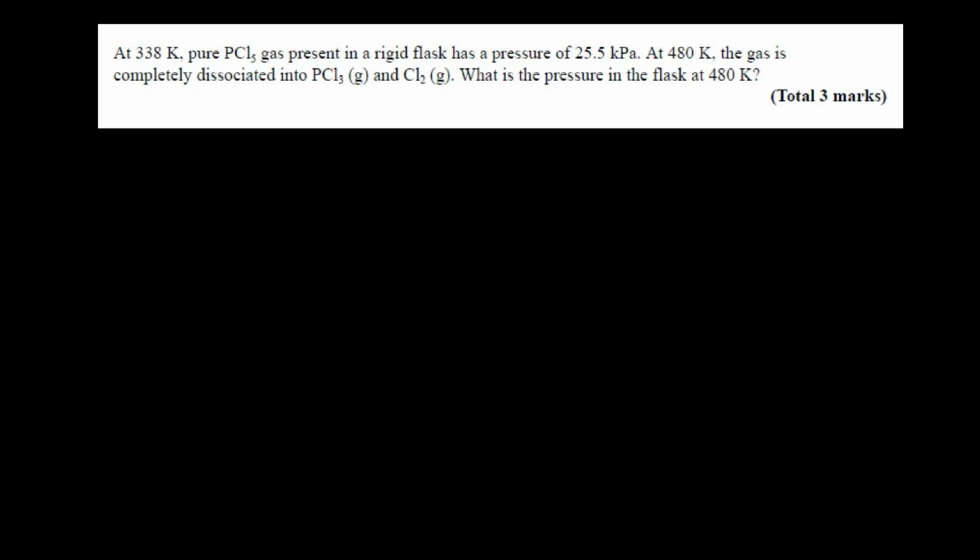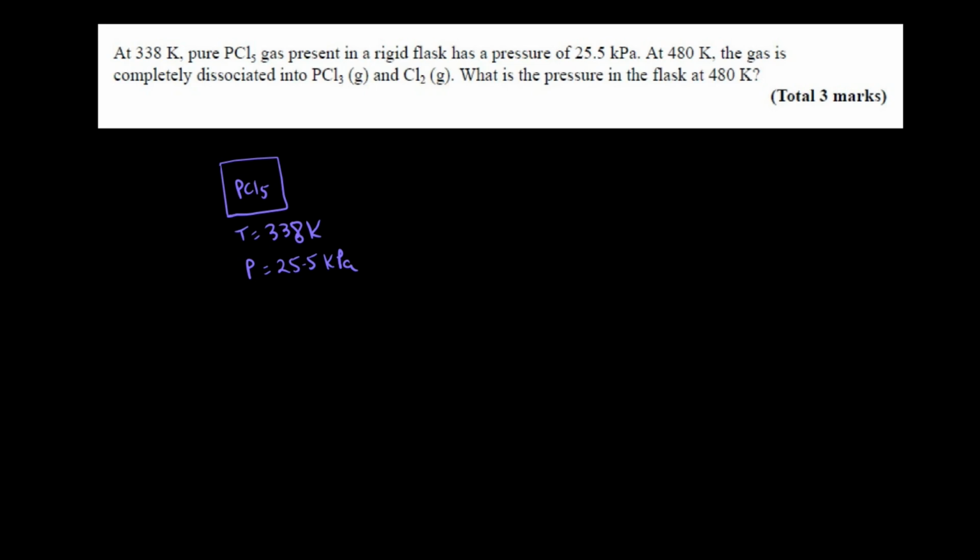So suppose this is my flask here, and here I have PCl5. Temperature is 338 Kelvin. Okay, temperature is given. Pressure here is 25.5 kilopascals. Right, this gas completely dissociates into this.